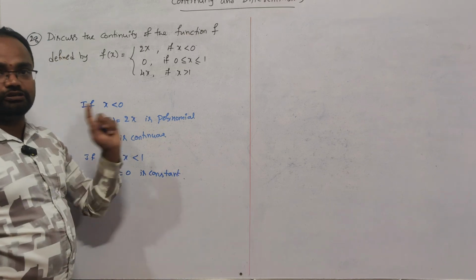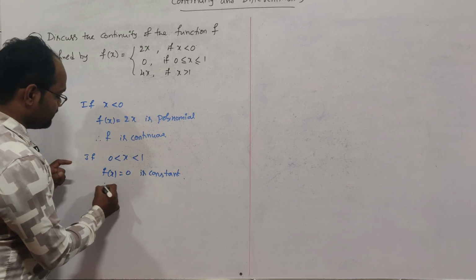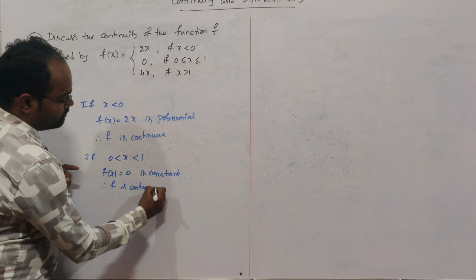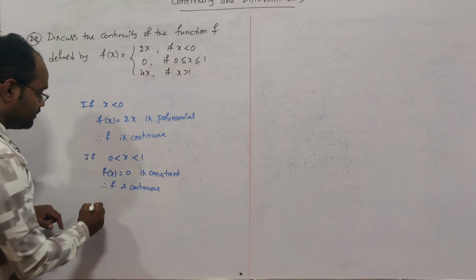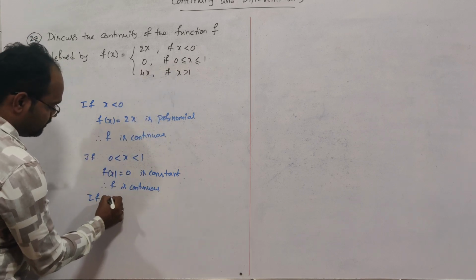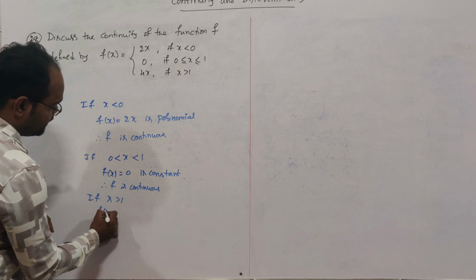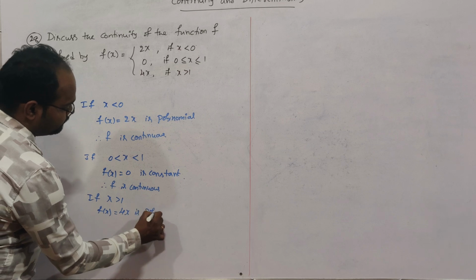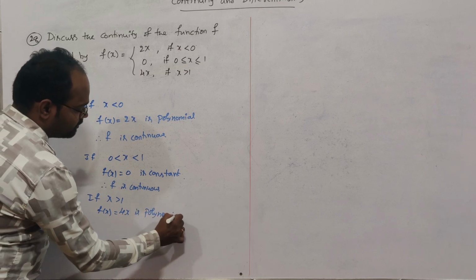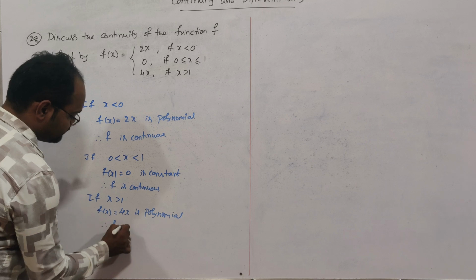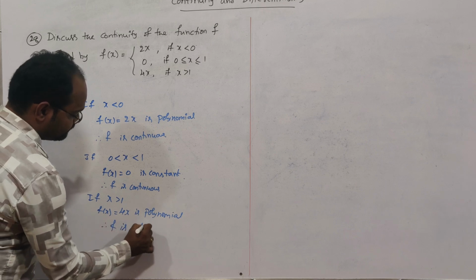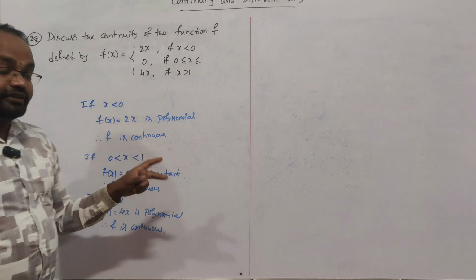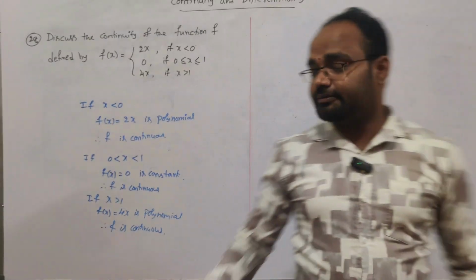We know that all constant functions are continuous, therefore f is continuous. Another region is if x is greater than 1, f of x is again 4x, a polynomial, therefore f is continuous. Now let us check LHL and RHL at the other two points.